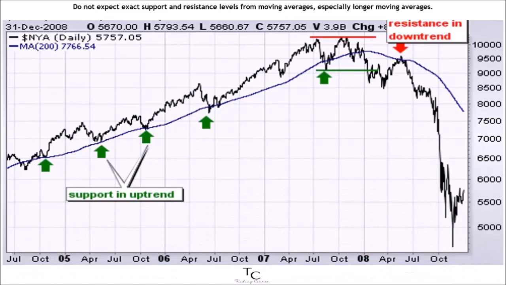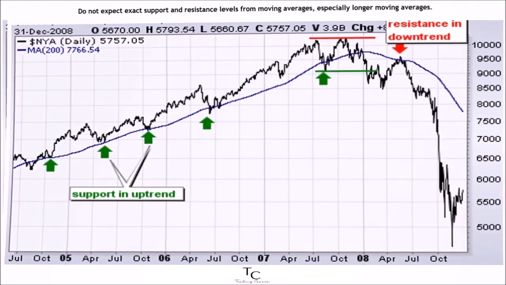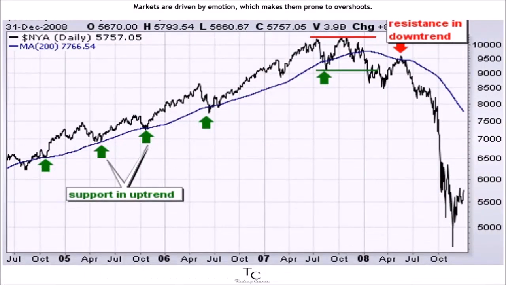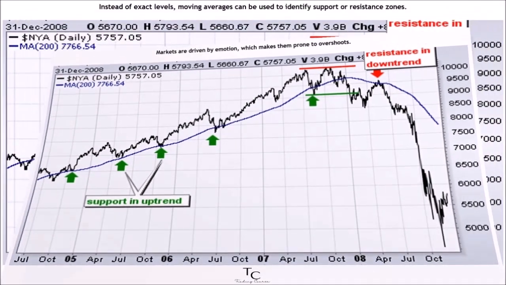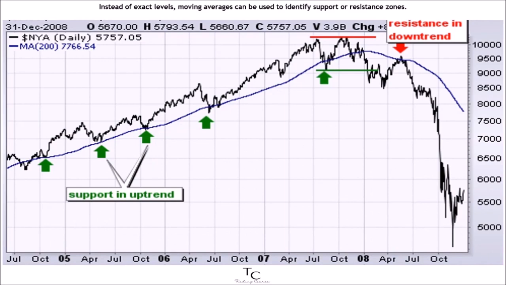Do not expect exact support and resistance levels from moving averages, especially longer moving averages. Markets are driven by emotion, which makes them prone to overshoots. Instead of exact levels, moving averages can be used to identify support or resistance zones.